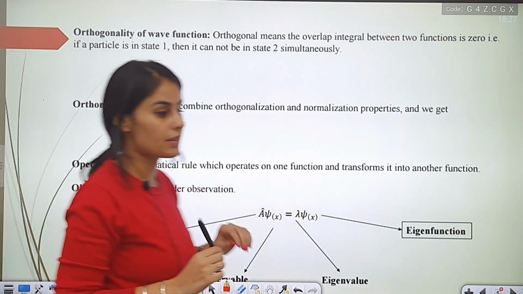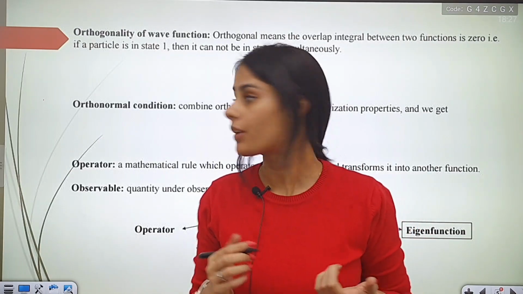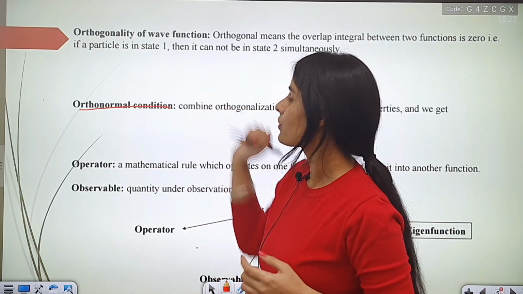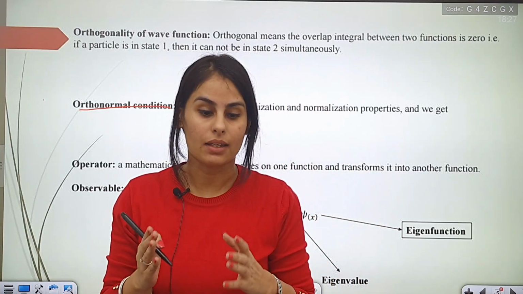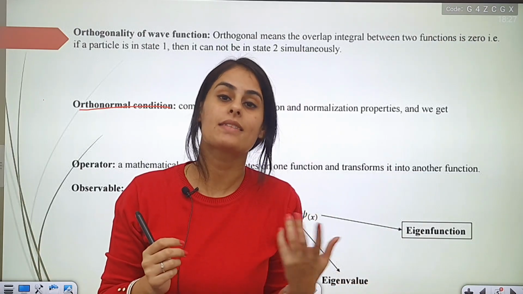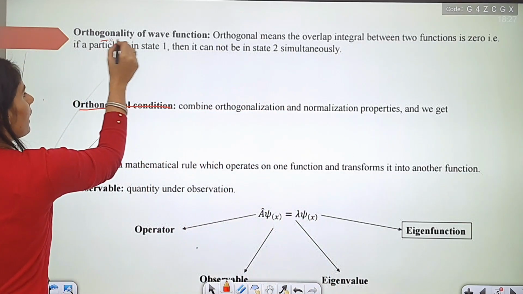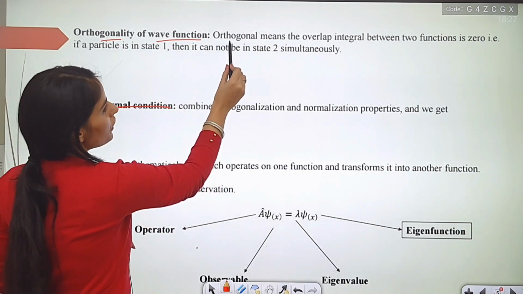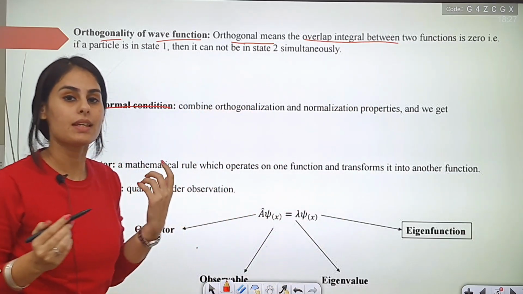Now we are going to discuss terminologies in quantum mechanics. First the orthogonal function, and second the orthonormal condition. Okay, so orthogonality of functions is just that if a particle is present in one state, it cannot be in another state simultaneously. Orthogonal means the overlap integral between two functions is 0.